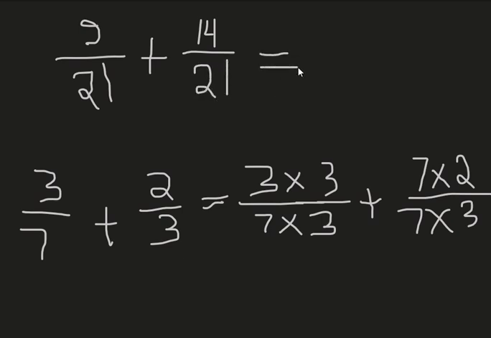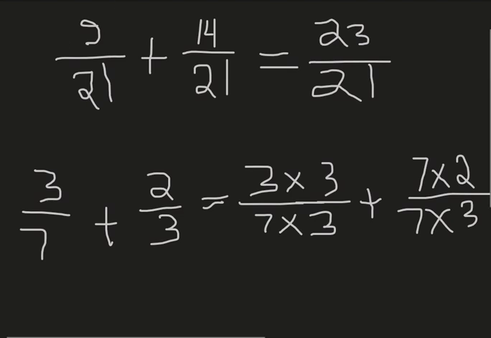Then you can just do 9 plus 14, which is 23. And then the denominator stays the same. So this is how you add fractions with the same denominator and with a different denominator.